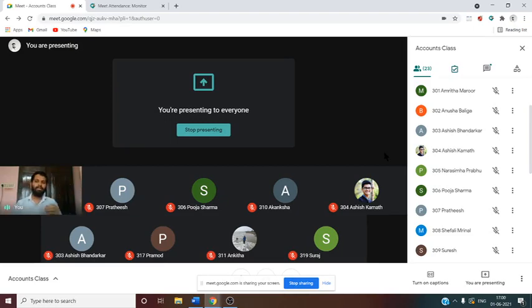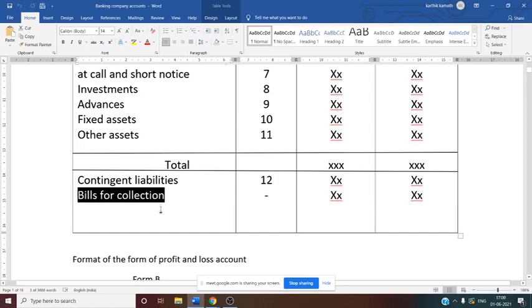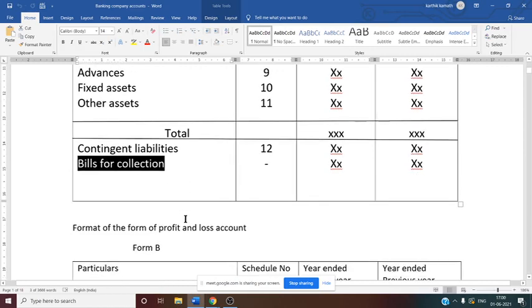So such liability is known as contingent liability. That liability you enter here, that is schedule number 12. Then bills for collection, that I have already told you. As per the instruction given by the other party, the bank needs to perform the operation of bills for collection, that you can show as a footnote to the balance sheet. That is regarding schedule number 12 and bills for collection.